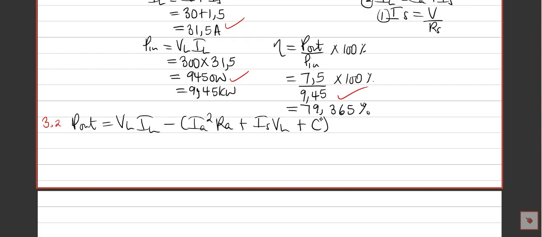So we are looking for this C value here. You may substitute and find the value for C. Alternatively, you could just make C the subject. I am going to substitute.